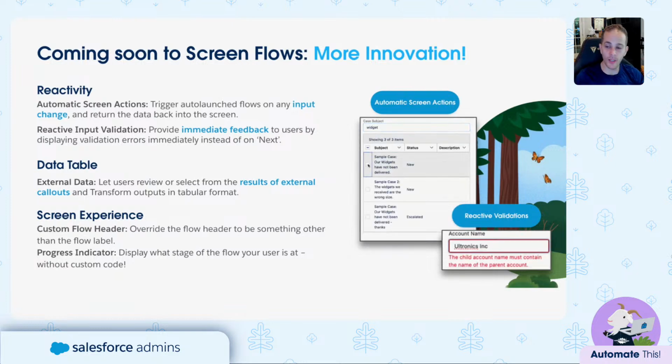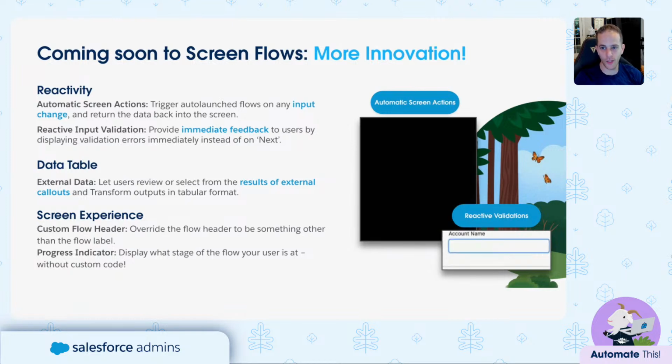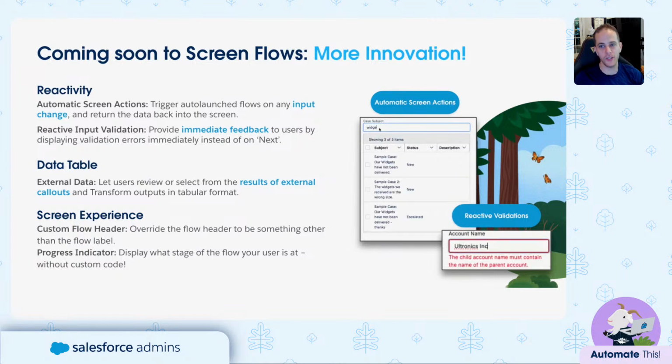Similarly, we want to make input validation run without you needing to hit next. I've definitely experienced this in the real world, and I know that a lot of you experience this pain in your flows too. Having users needing to click next to get inputs to validate is frustrating when you've got really big forms with a lot of fields, only to encounter that maybe your first field was invalid.